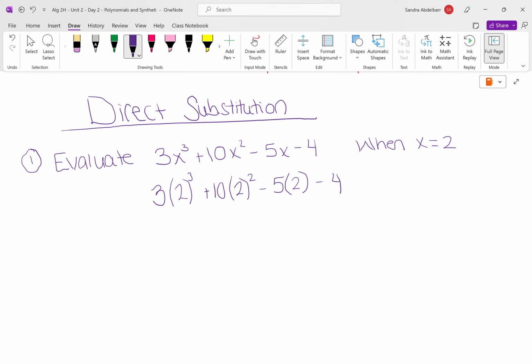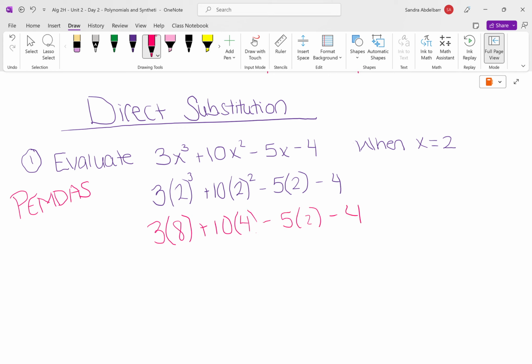Once we directly substitute in our value for x, we simplify, making sure that we're following PEMDAS. So we do exponents before anything else. We have 3 times, what's 2 to the third power? 8. What's 2 to the second power? 4.